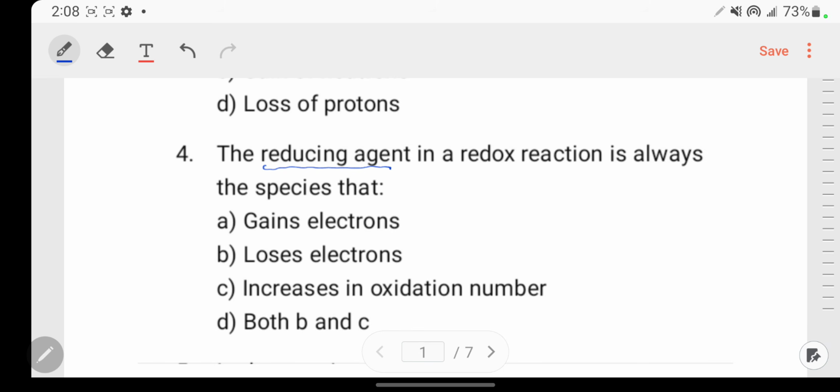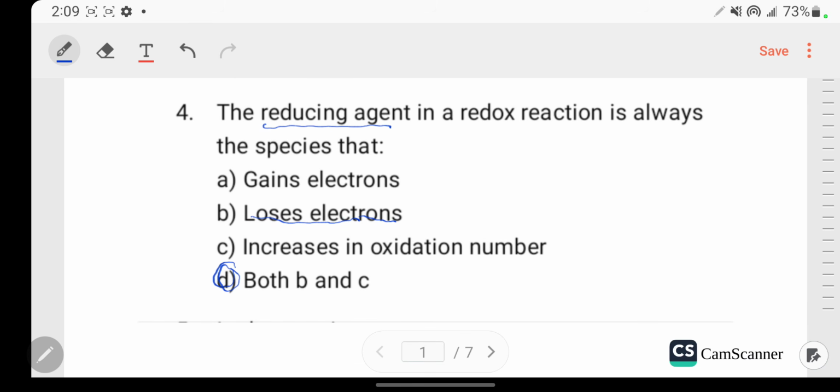Now if it ends up being oxidized, it means to say it loses electrons, because oxidation is the loss of electrons. Also, since it loses electrons, the charge increases, meaning to say there is an increase in the oxidation number. So the answer for question 4 is both B and C are correct.